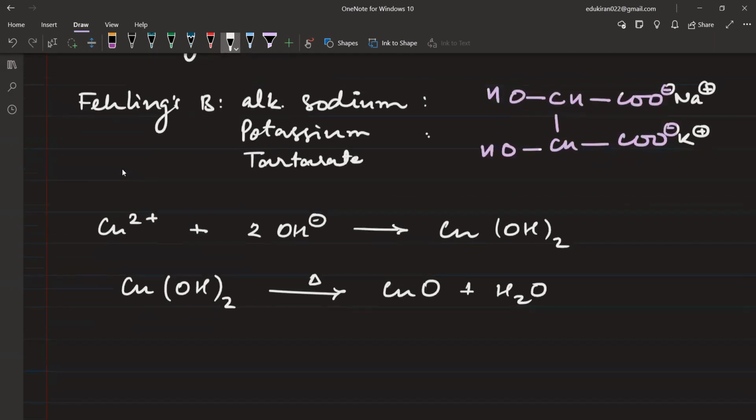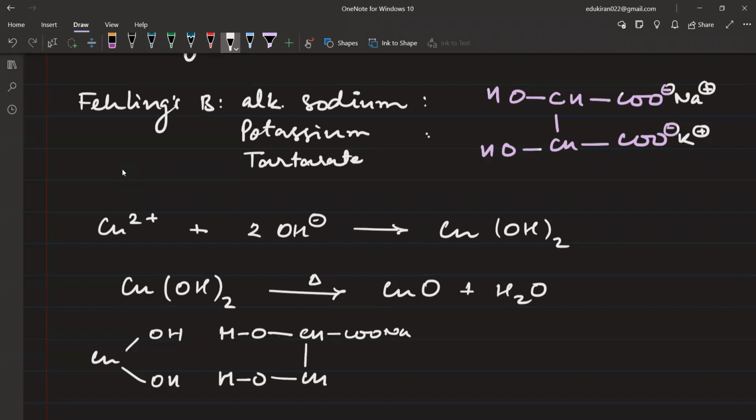Then the next thing is this Cu, which has 2 OH, it will react with COONa, COOK.